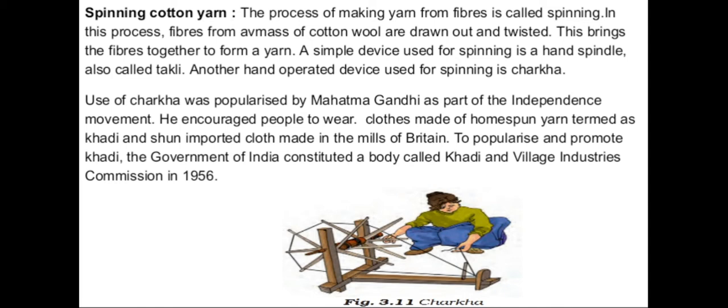A simple device used for spinning is a hand spindle, also called takli. Another hand-operated device used for spinning is the charkha, and the charkha is most famous. The use of the charkha was popularized by Mahatma Gandhi as a part of the independence movement. It encouraged people to wear cotton made of homespun yarn, termed khadi, and shun imported cloth made in the mills of Britain.